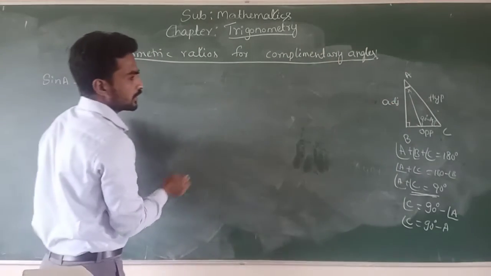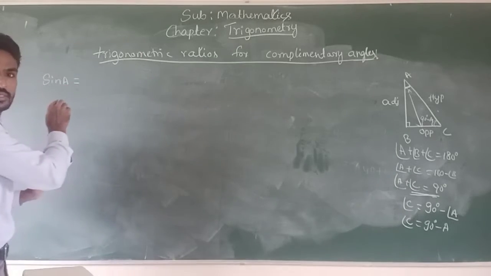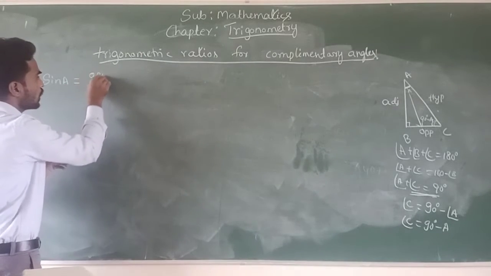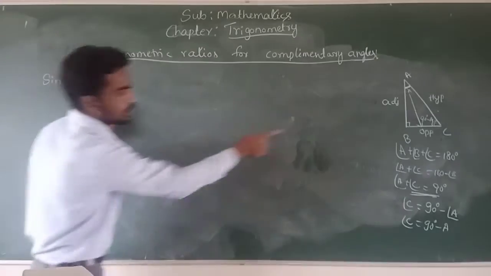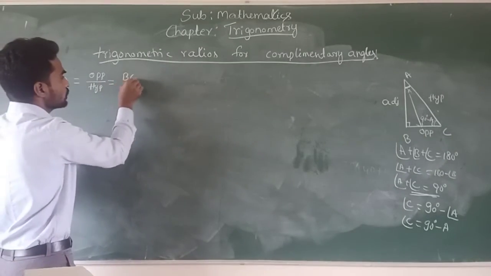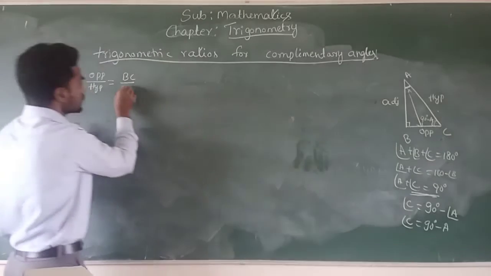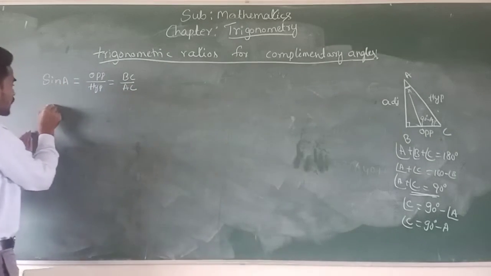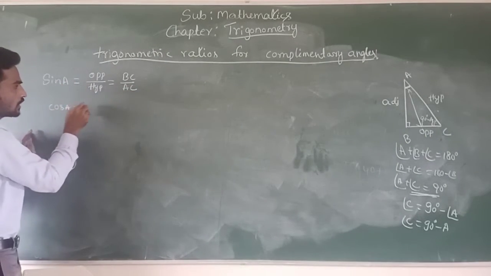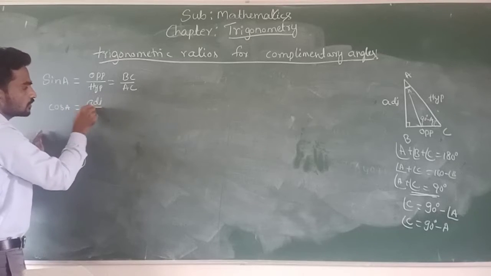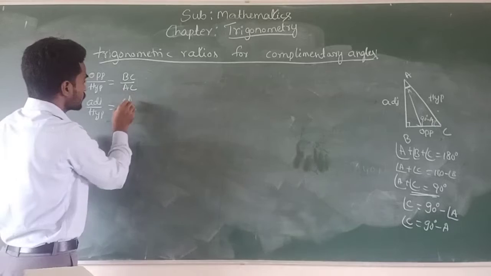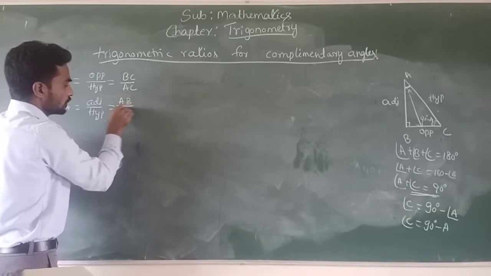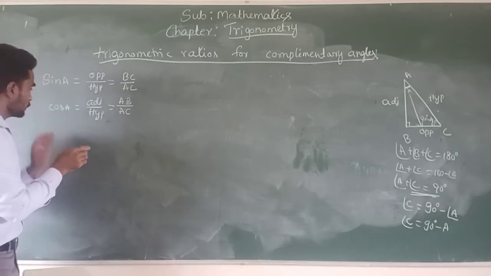Sin A is equal to opposite divided by hypotenuse, that is BC by AC. Similarly, cos A is equal to adjacent divided by hypotenuse, that is AB by AC.